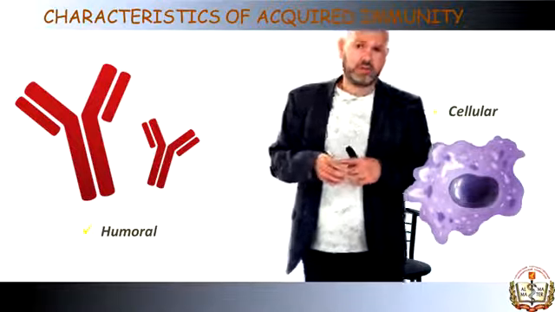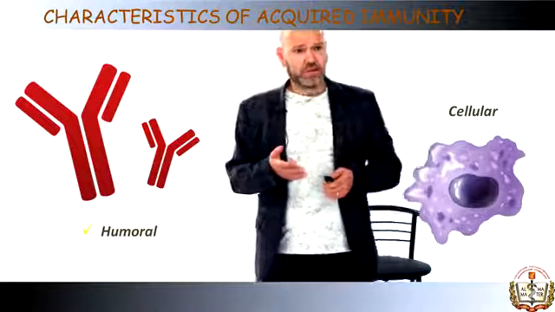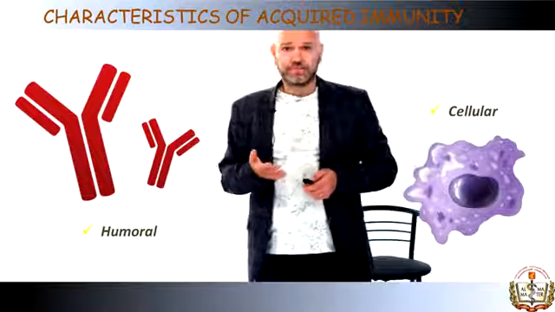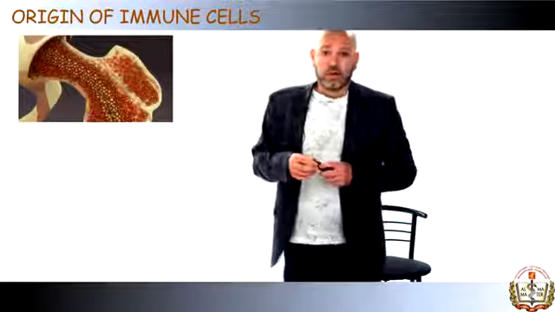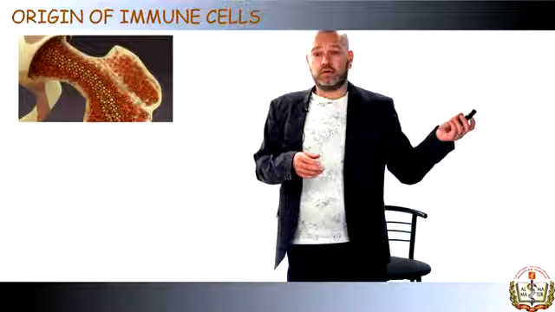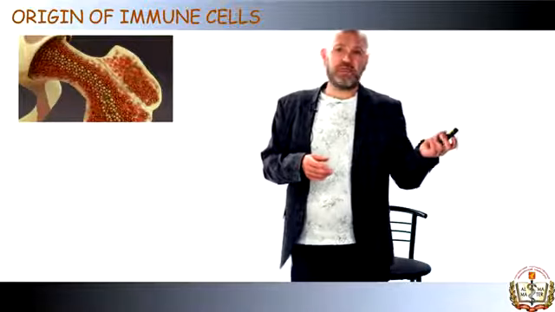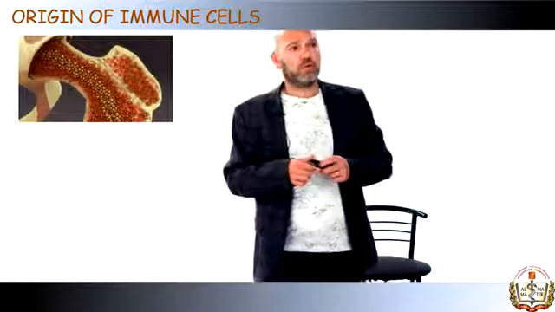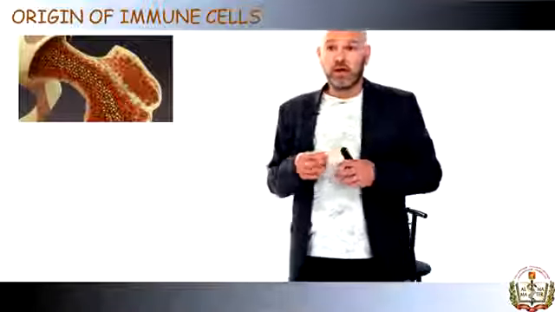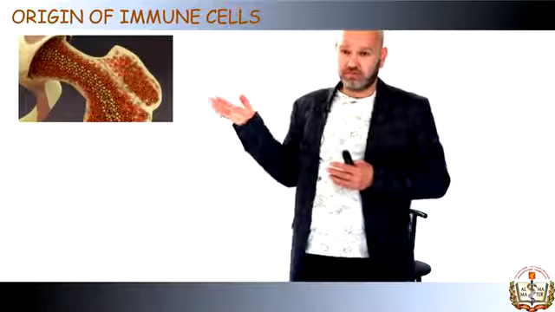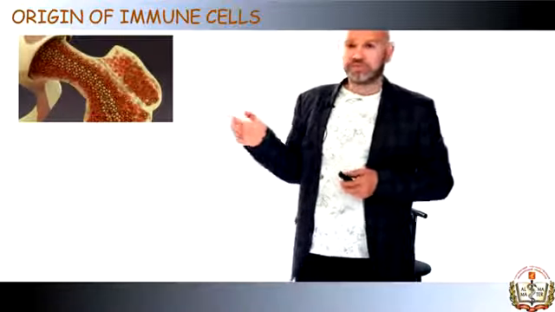First of all, because antibodies are produced by cells, as you know. Multiple cells have the same origin. And I hope you remember that our blood cells originate from bone marrow, of course.